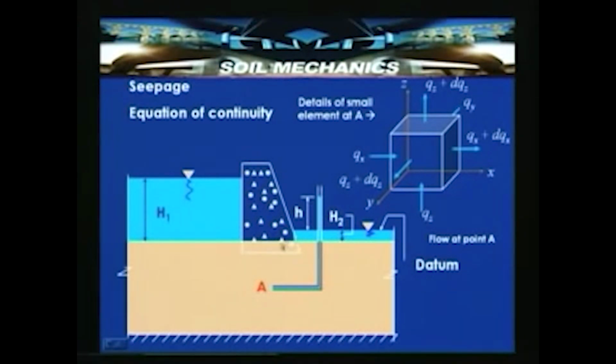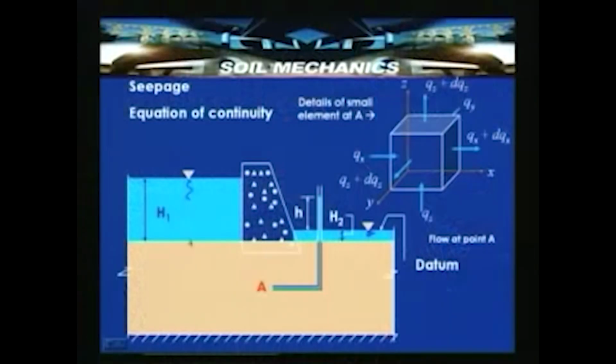At a particular point A just beneath the structure, H is the head available there. The flow occurs from H1 to H2.